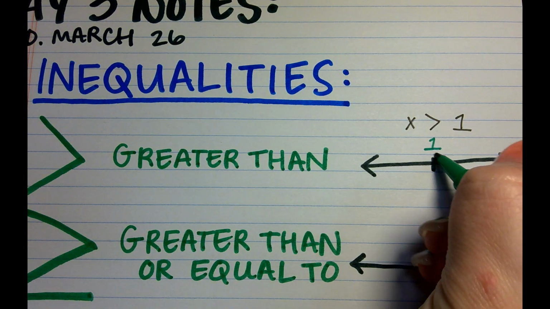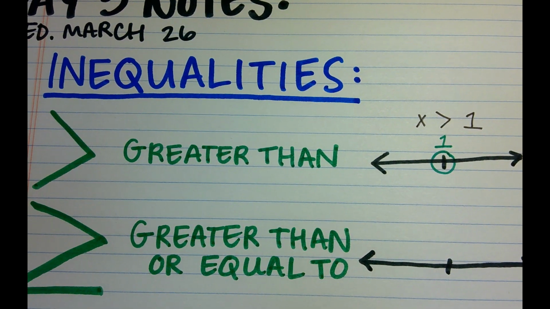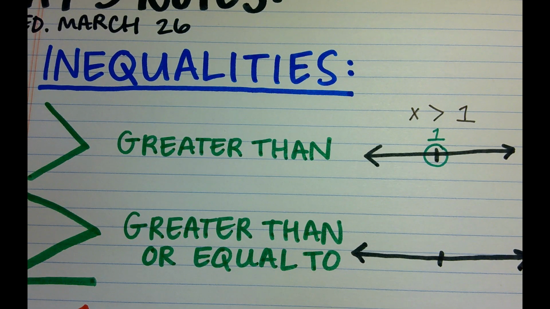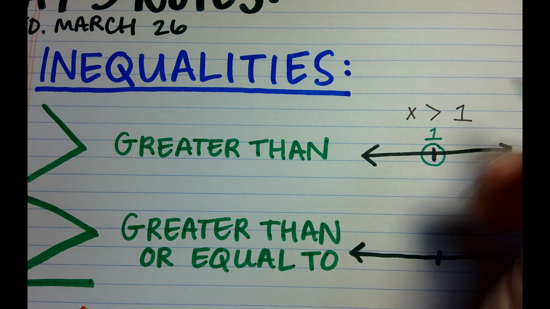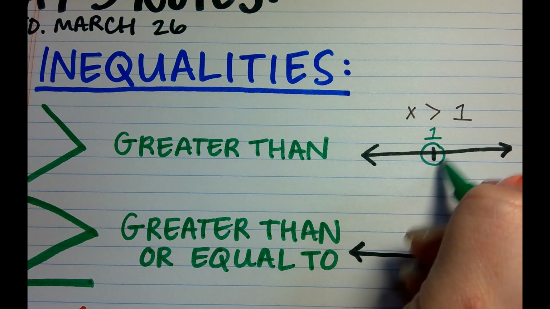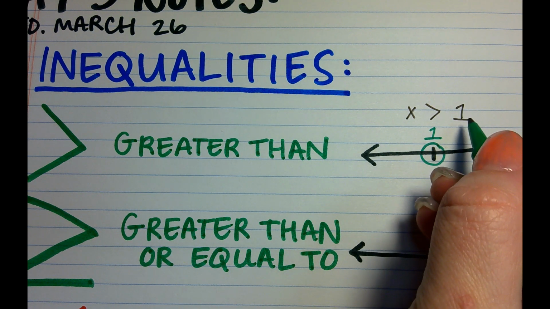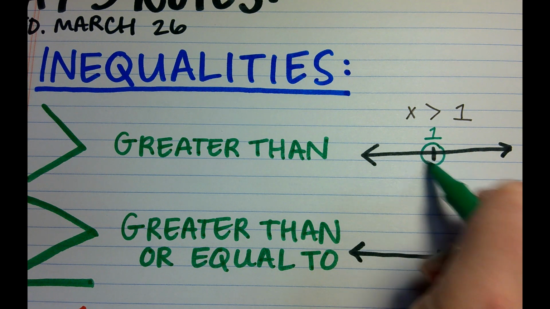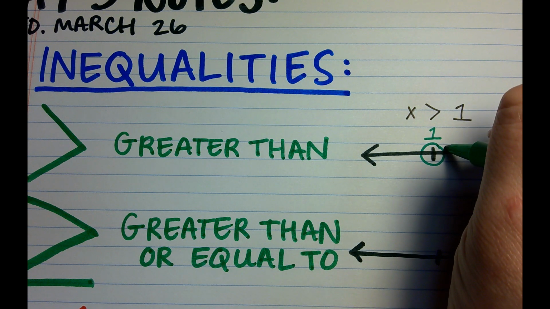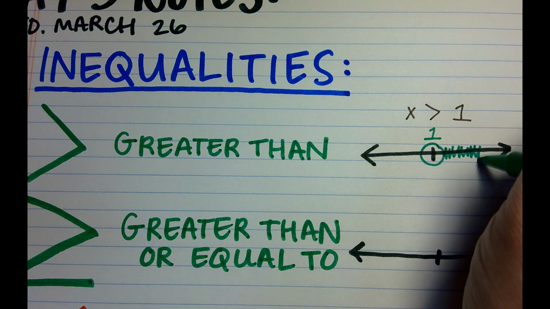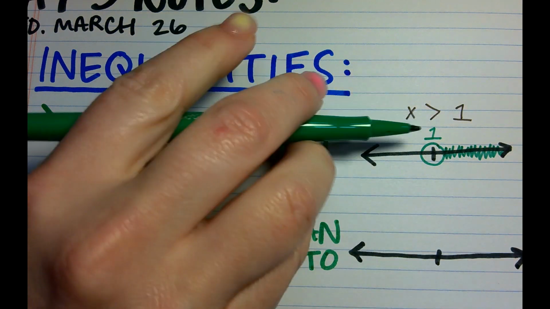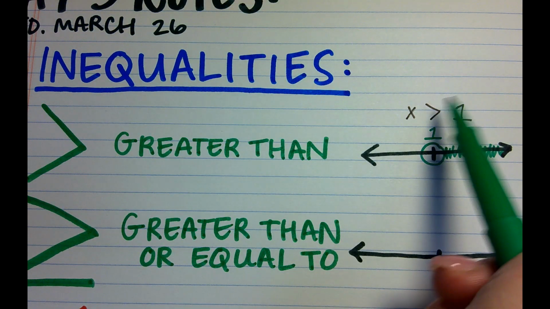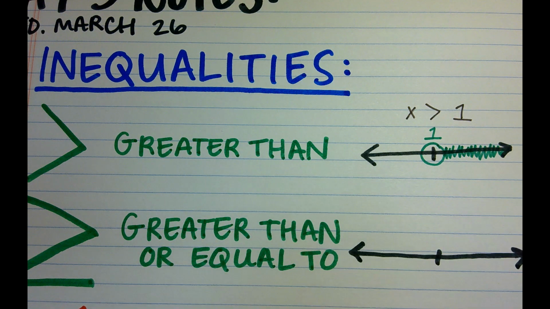You're gonna circle something in there, and then you're gonna shade from the right. Yes. So what we do is we circle the number that we're referring to, 1. We're saying that X is bigger than 1. So I'm going to circle that, and I'm going to shade in the direction that my arrow tells me to.